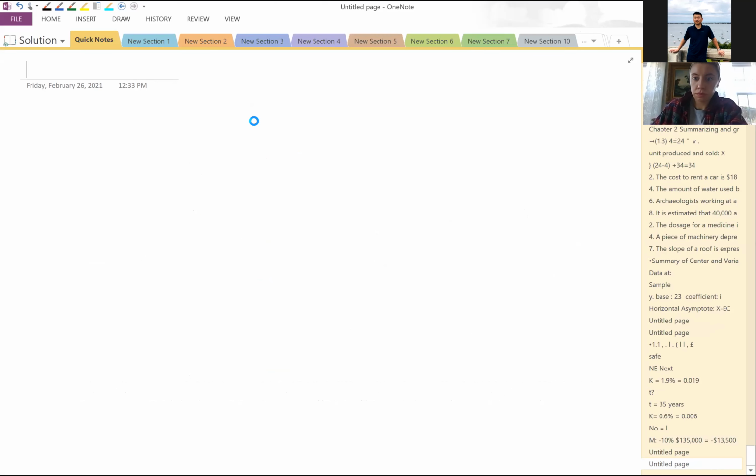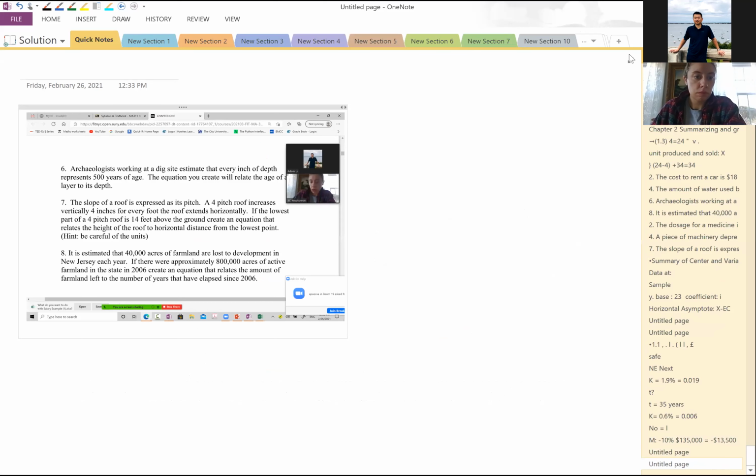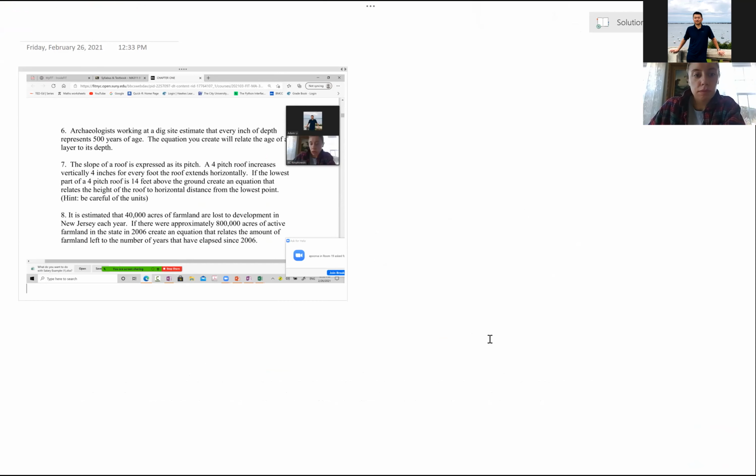You can see the screen, right? Yep. Very good. So 1 foot equals 12 inches. If the lowest part of a 4 pitch roof is 14 feet above the ground, now again, this is 14 feet.